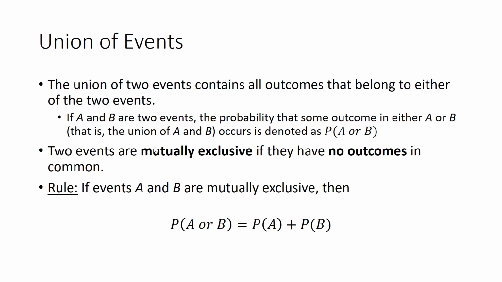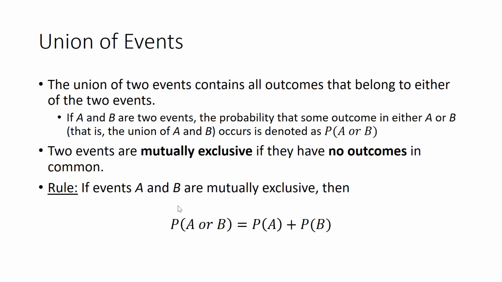In this case, as I just said, we call them mutually exclusive, and if we want to calculate the probability of event A or B when they are mutually exclusive, then we just need to add the probability of A and the probability of B, and then the probability of A or B is going to be equal to the sum of the two probabilities, right? So that's pretty straightforward.